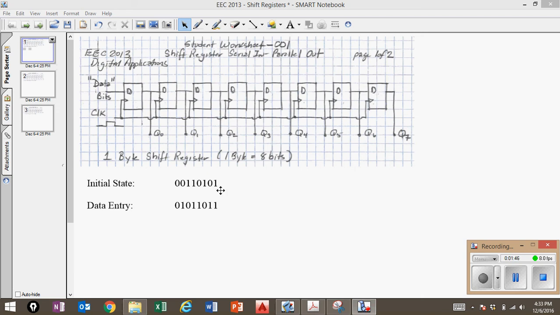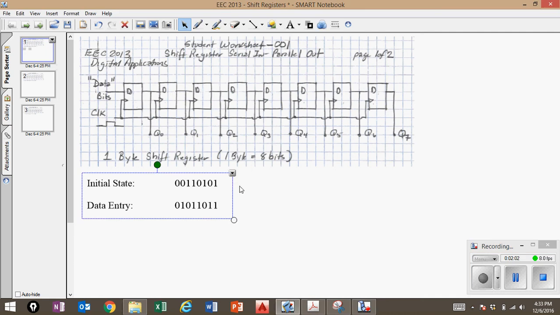In this example here, we're assuming that the initial state of the data flip-flops is this binary code here, where the most significant bit here is at Q7 and the least significant bit here is at Q0. Let's make that very clear.